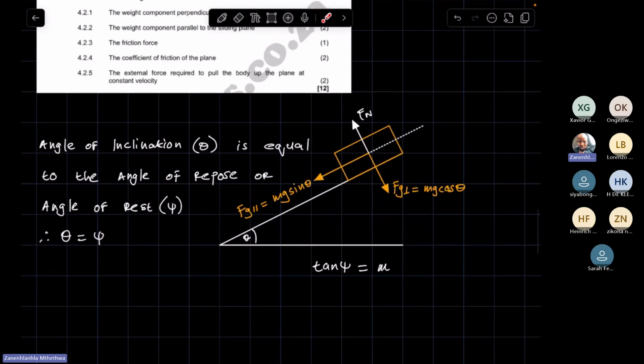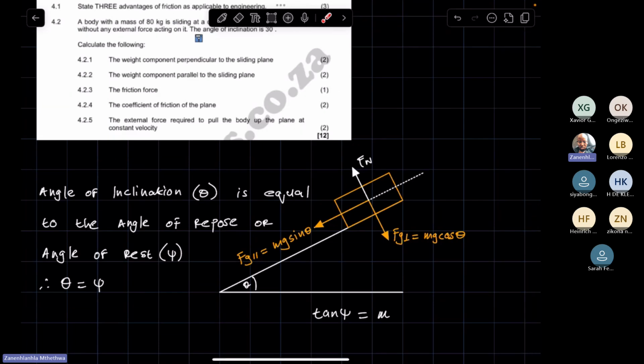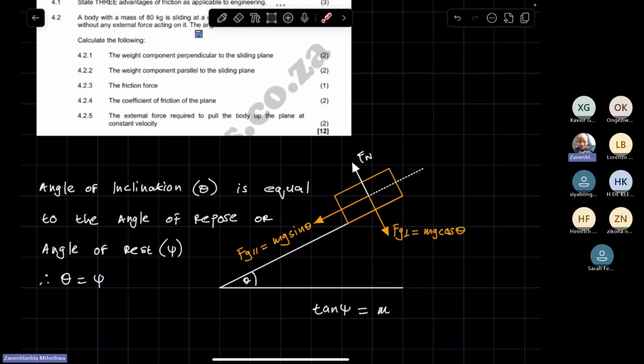Hence it is important that you establish if the object is moving down the incline on its own without any external forces, or if there is an external force being applied. If there is an external force being applied, then you don't have all of this. This is only satisfied if the object is moving down the incline without any external forces being applied.